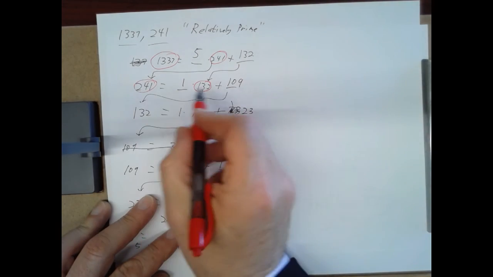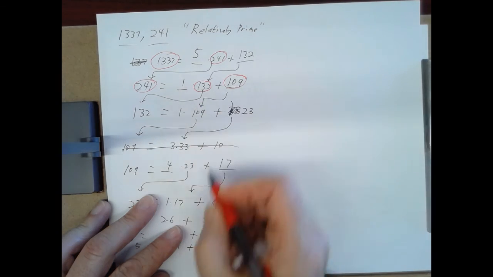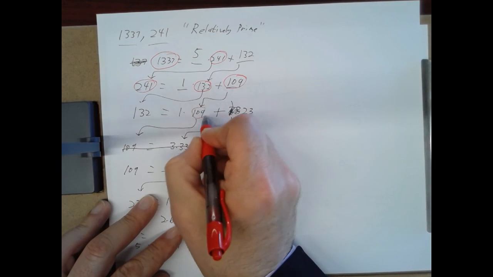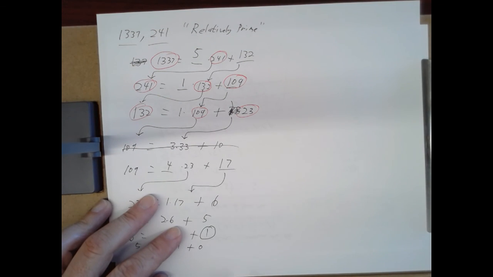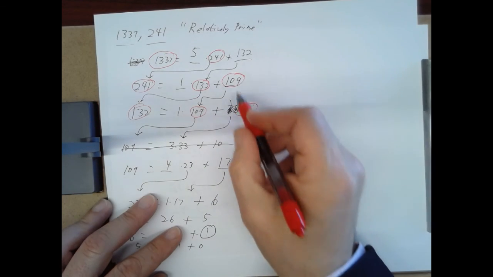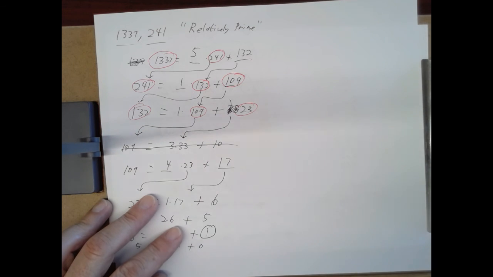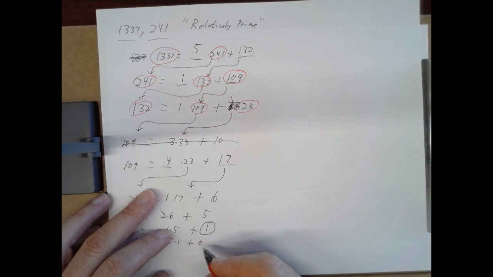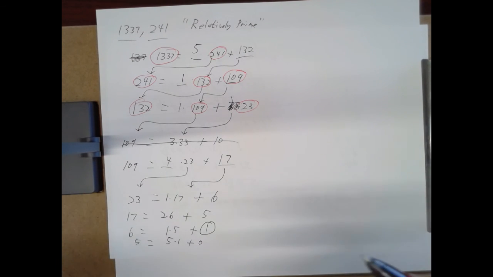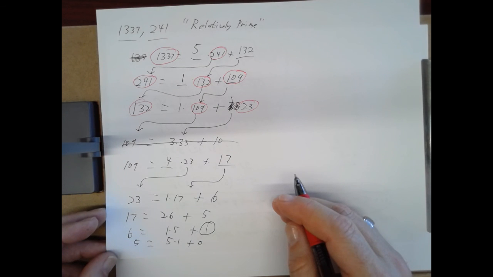And since it's a factor of this and this, it'll be a factor of this. The numbers we're getting are always getting smaller, and eventually they get so small that they're either equal to 1 or 0. So when they come down to 0, whatever the last number was, that's a common factor of both numbers.